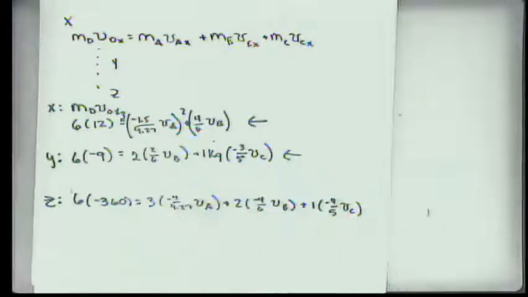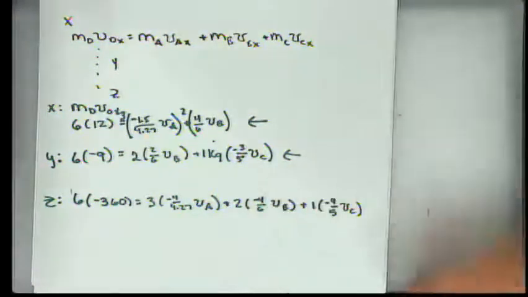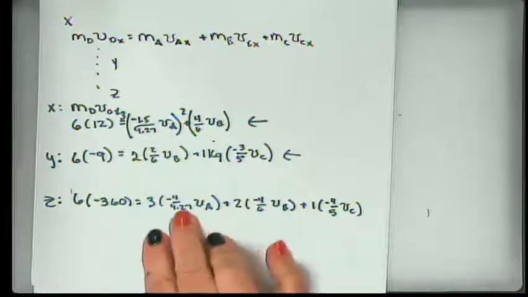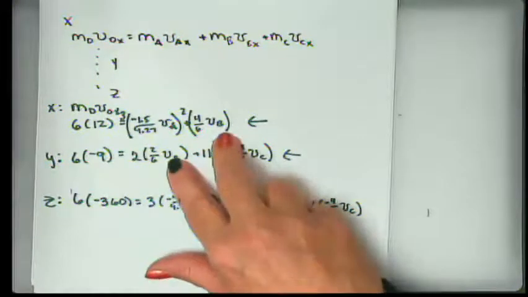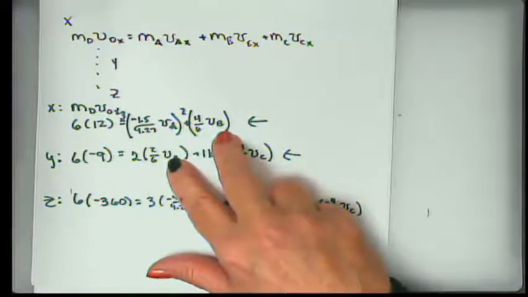All right, now we have 3 unsimplified working equations, and we have 3 unknowns. So we know we can solve this, but we get to decide how that will be. When I look at this, these 2 equations have V sub B in common.